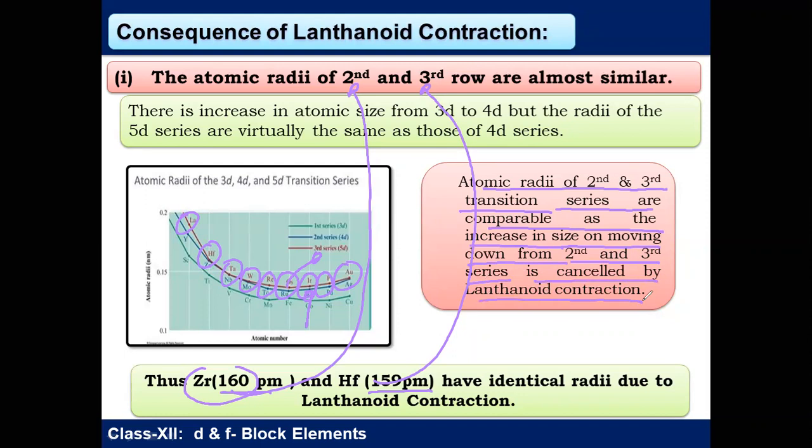Whatever increase is achieved as one moves from the second series to the third series is exactly compensated by lanthanoid contraction. So sizes become almost comparable.